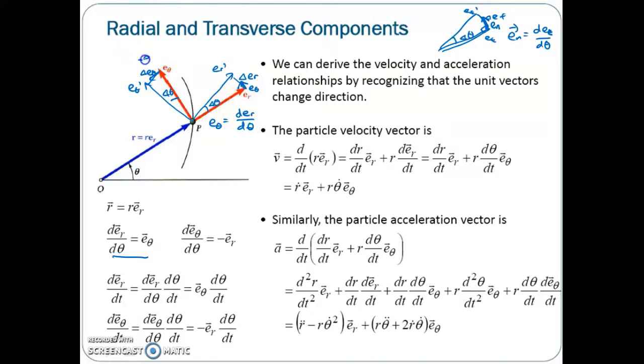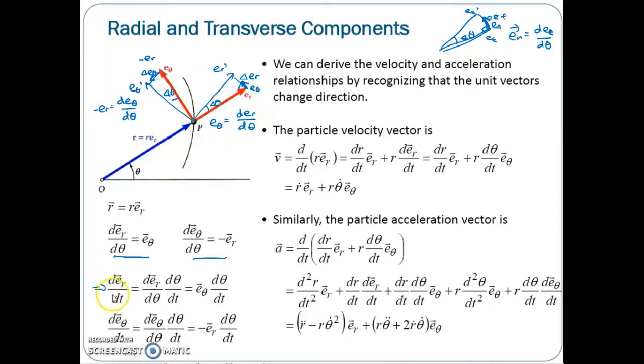So it's negative e_r. So we have negative e_r equal to de_theta over d theta.